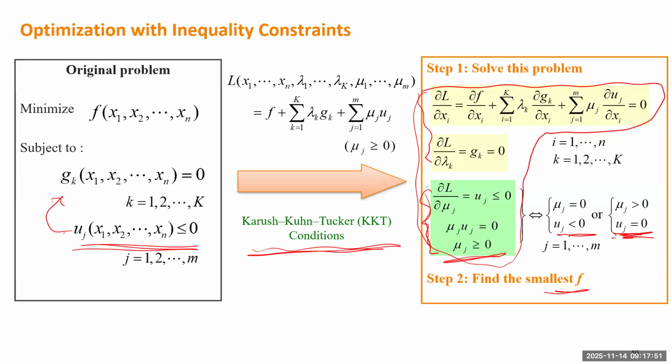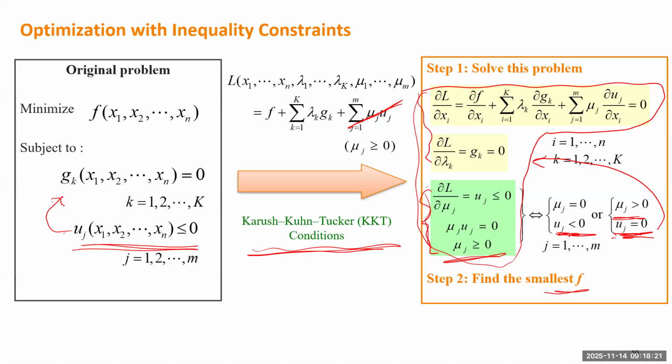That means you need to join this equality constraint, so mu needs to be positive. Mu is the Lagrangian multiplier for the inequality constraint. If mu is negative, which means the solution is inside the boundary defined by the inequality constraint, we can cross off that item from the original Lagrangian function.